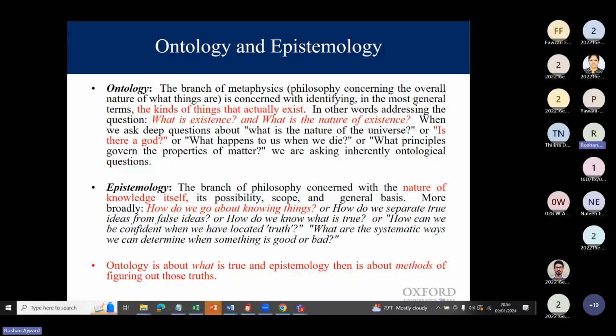Then he also said he knows the reason why it exists. So that's an epistemological statement he made. He was telling how he knew that it existed as well as what caused it.